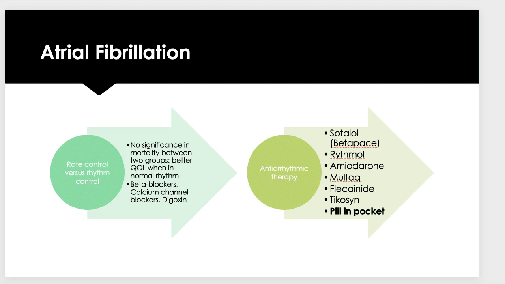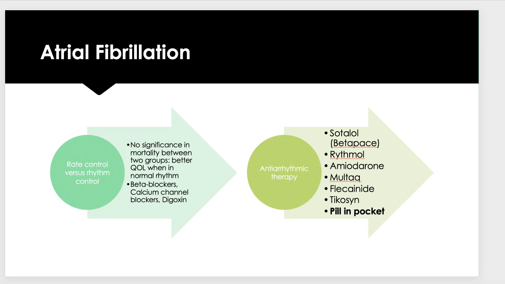For a rate control strategy only, we can use beta blockers, calcium channel blockers, and digoxin. Then we also have antiarrhythmic medications. These are medications that we use to keep patients in normal rhythm.